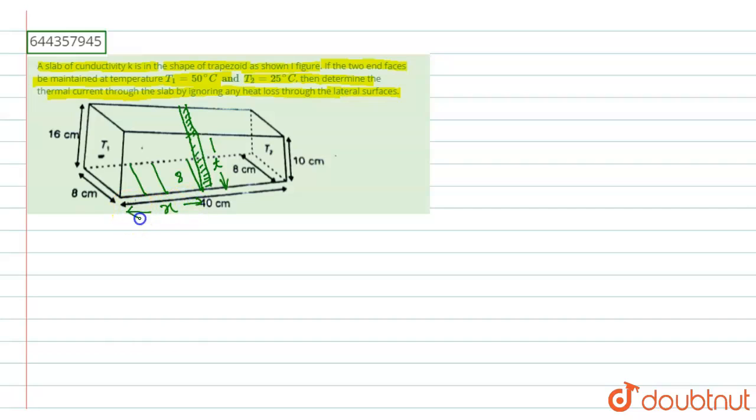Clear? Now this t can be written as, let us consider this is the T1 and that is equal to 16 centimeter. This is the T1 at this position and at this position we can assume this is the T2 thickness and that is equal to 10 centimeter. Clear? Now t is equal to T1 minus (T1 minus T2) divided by L into x.